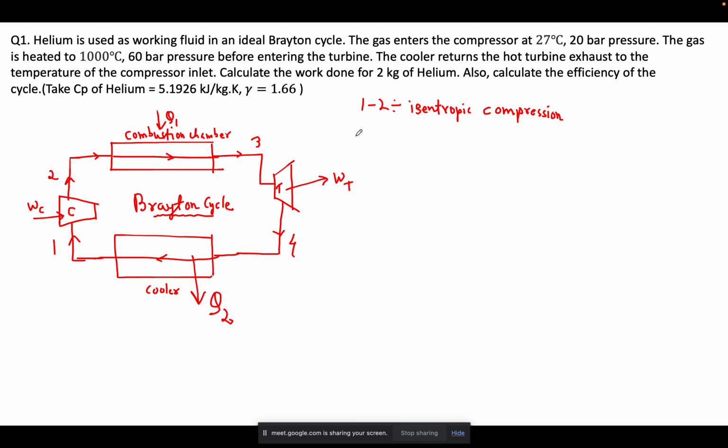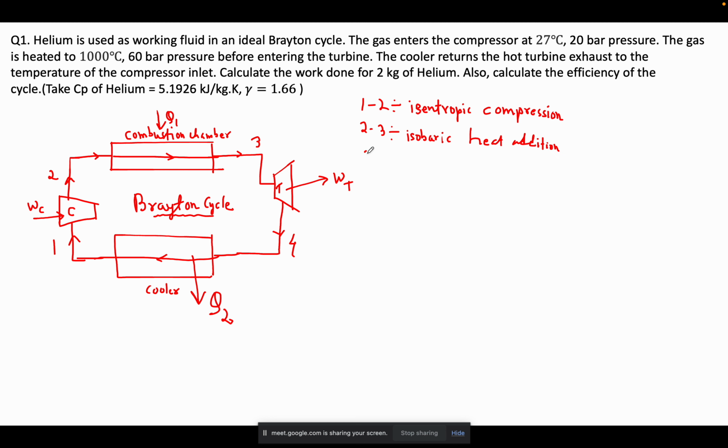I will not write it because I have repeated it many times. Then 2 to 3 is basically your isobaric heat addition. So that means constant pressure heat addition is taking place.